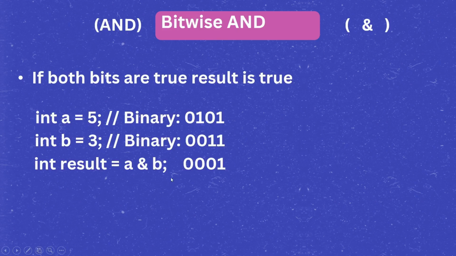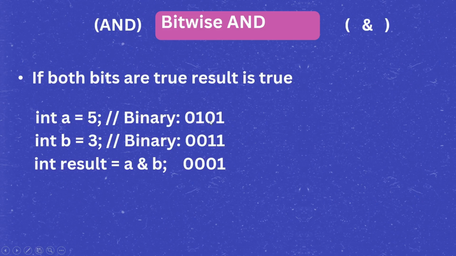So if you see, the result is a & b. We are applying the bitwise AND operator between operands a and b. These are the binary values of a and these are the binary values of b. The result will be, if both the bits are true, then the result is true. So the bit is true over here and the bit is true over here, so the result is true, which is 1.